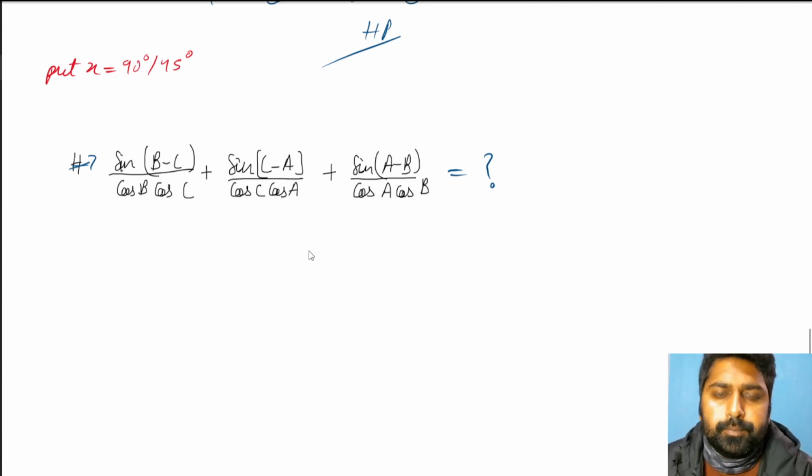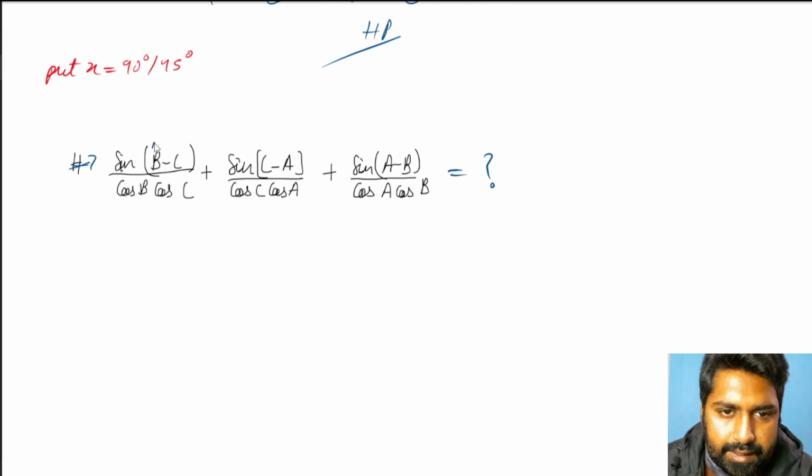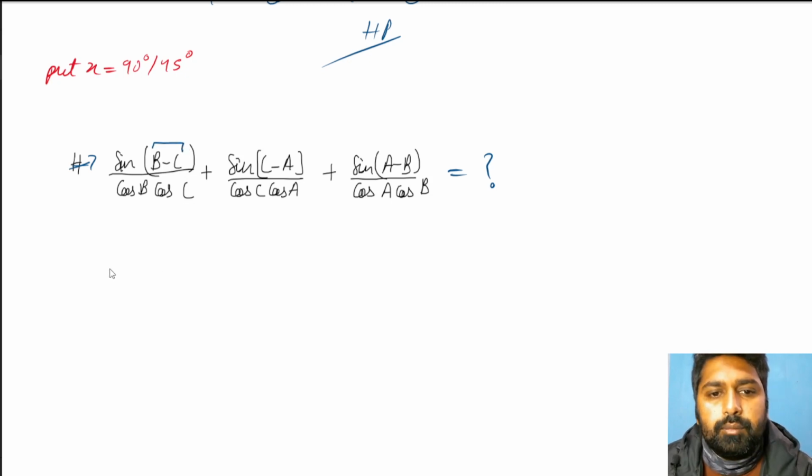Now how can you do it? The idea is always very simple. If you look at this question, first of all, it has symmetry in it: a minus b, b minus c, c minus a. Denominators are b, c, c, a, a, b. So for the starters, LCM should not be a good idea here. The easiest idea is looking like this: b minus c, c minus a, a minus b.